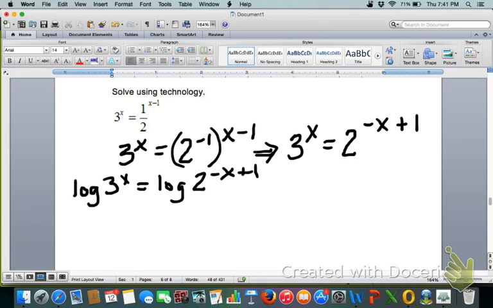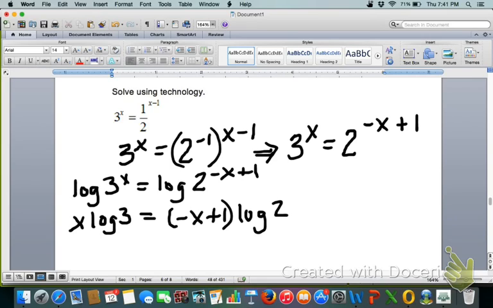When I do that, I use one of my laws of logs that says when I have the log of something raised to an exponent, I can rewrite it as such. x times the log of 3. That's the same thing as the log of 3 to the x. And I can rewrite this one as negative x plus 1 times the log of 2.